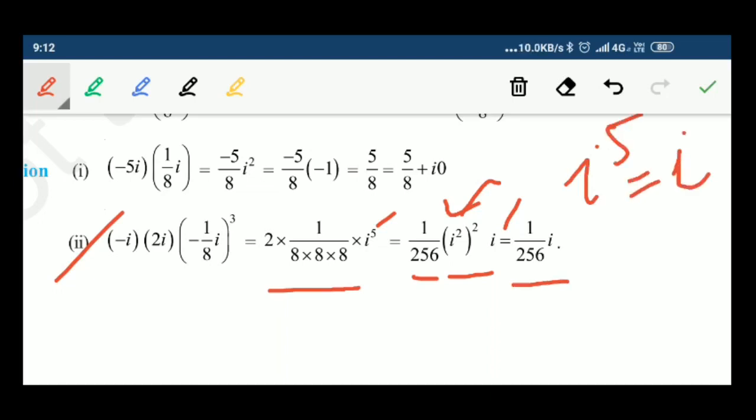You can see here. So you will get 1 upon 256 iota, and when you express it in the form of a plus iota b, you will write 0 plus 1 upon 256 iota. This is our required solution.